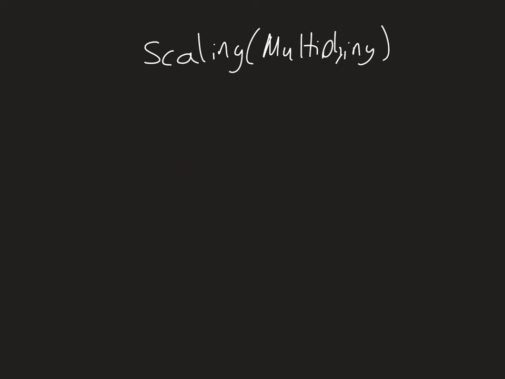Now, one last thing we can do with matrices is what's called scaling, which is essentially multiplying, but only multiplying by a single number. So like, for instance, say I have, for the sake of simplicity, a 2 by 2 matrix. I can multiply everything by a single number.